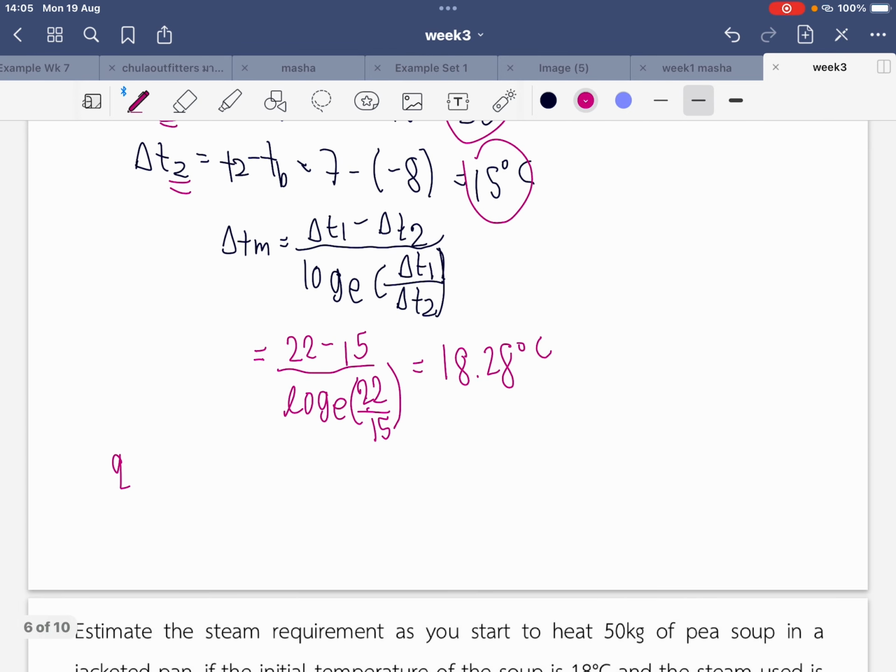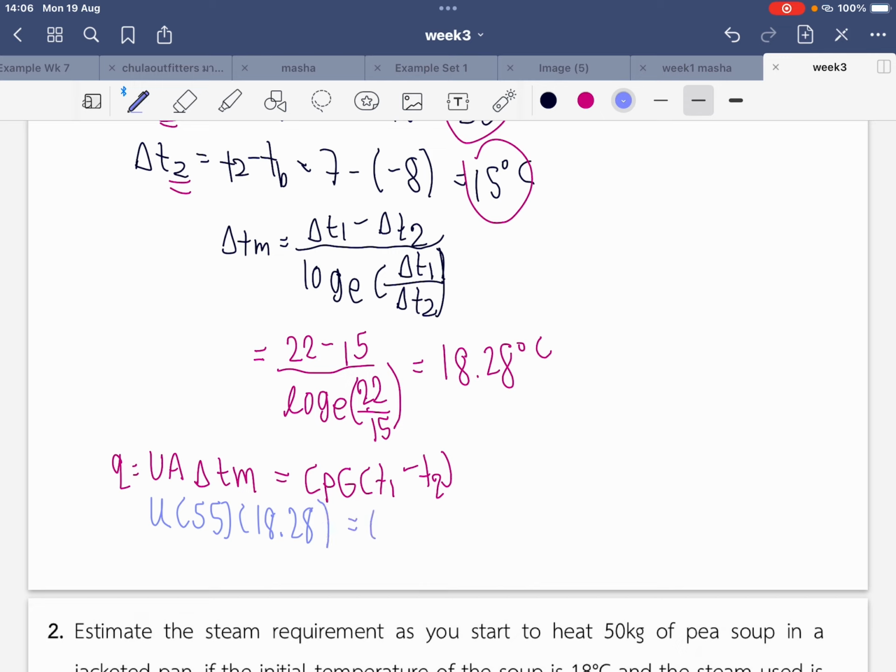So Q equals U A delta Tm. This is the formula. T1 minus T2, U, 4.18, 1.05, 32 minus 7, sorry.